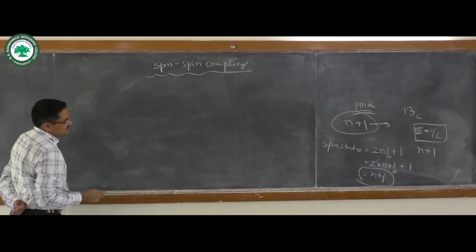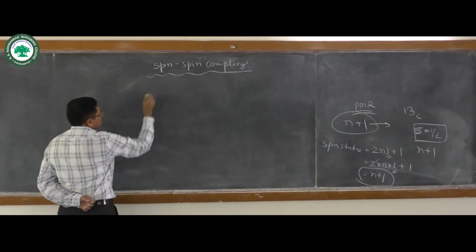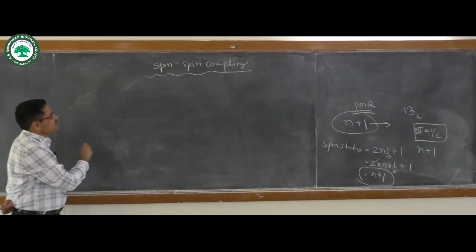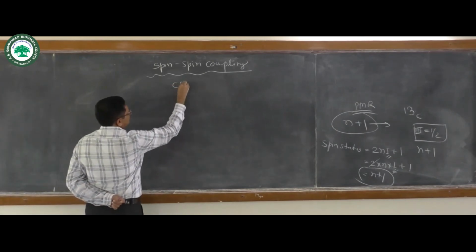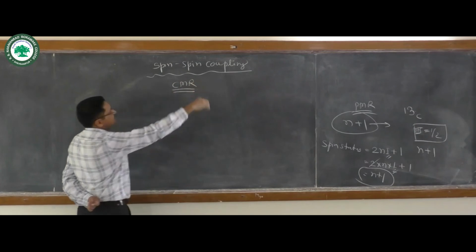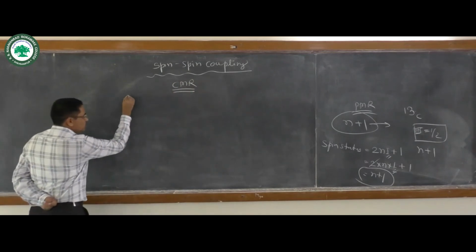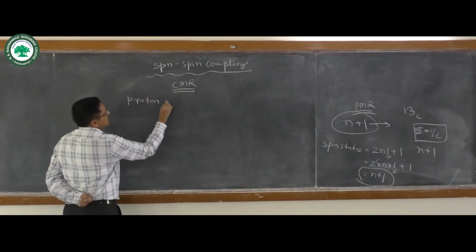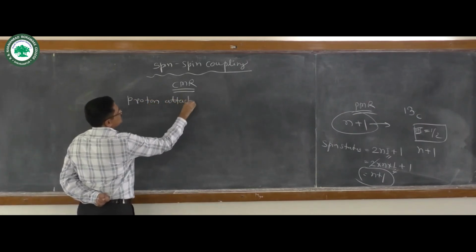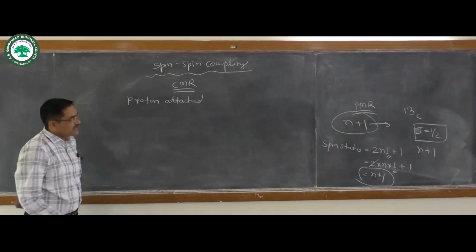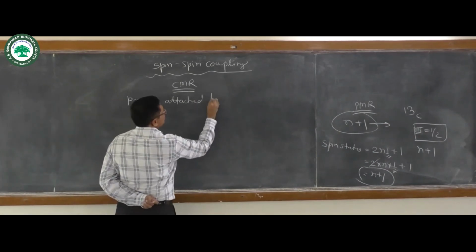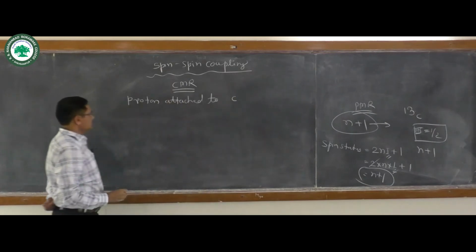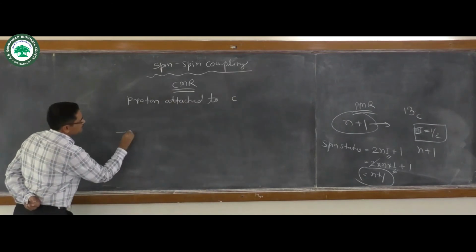N is the neighboring proton in case of PMR, but in case of CMR, it is the proton attached directly to the carbon atom. I will go through one by one.